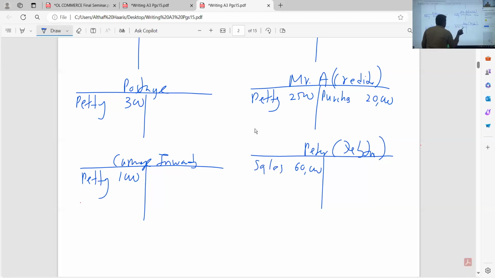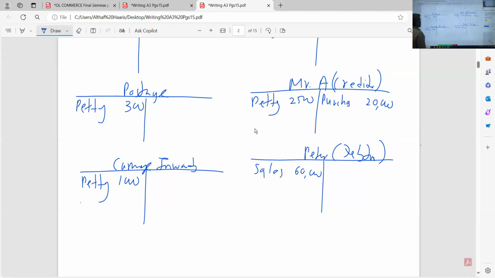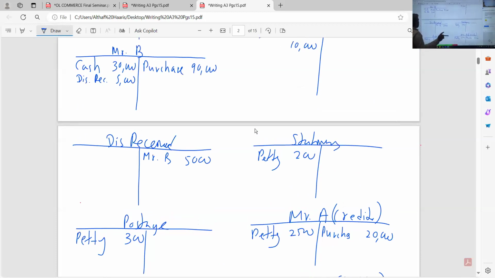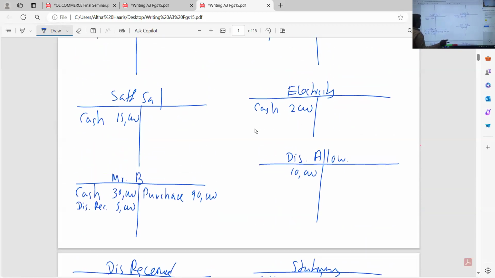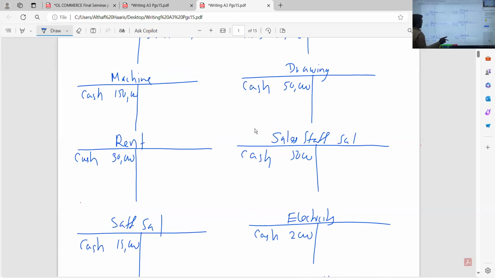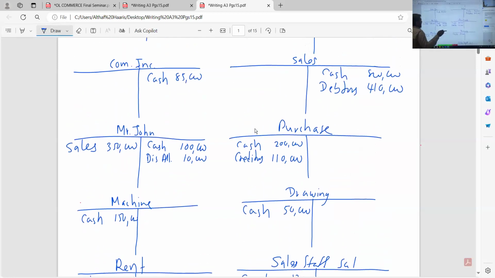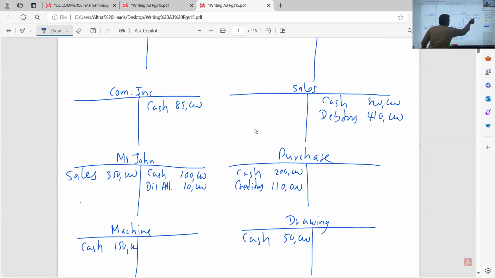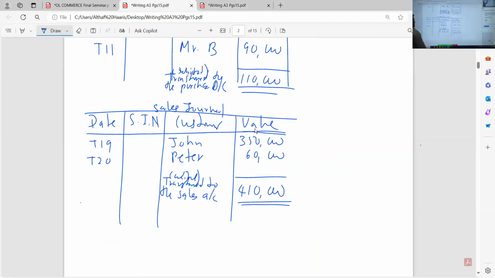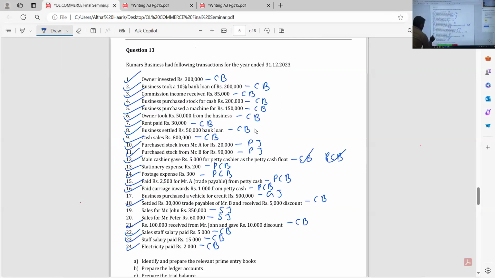People, now you see, for Peter debit 60,000 and for John we debited 350,000. In total debit 410,000. Then where is the credit? Credit 410,000 is there in the sales account. That's it. So we are done with the sales journal also.